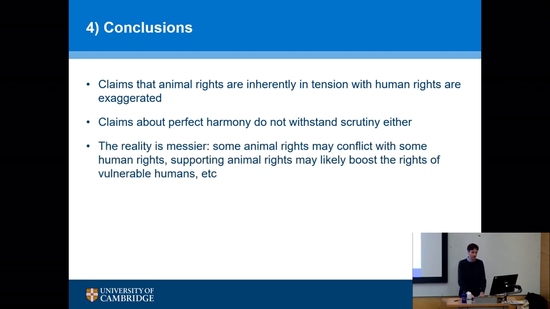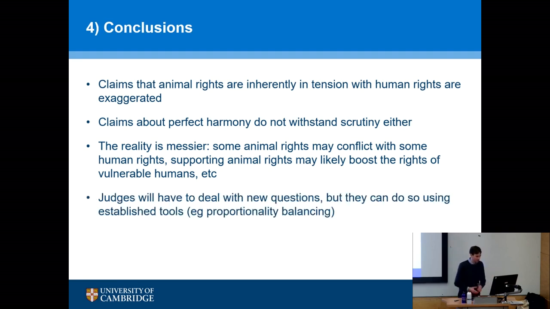Some animals' rights may indeed conflict with some humans' rights, as we saw in our example. But on the other hand, we also saw that supporting animal rights may likely boost the rights of vulnerable human beings, at least psychologically speaking. So we have a very complex picture here that we cannot just tackle in these black and white terms that maybe the premise of the debate suggested.